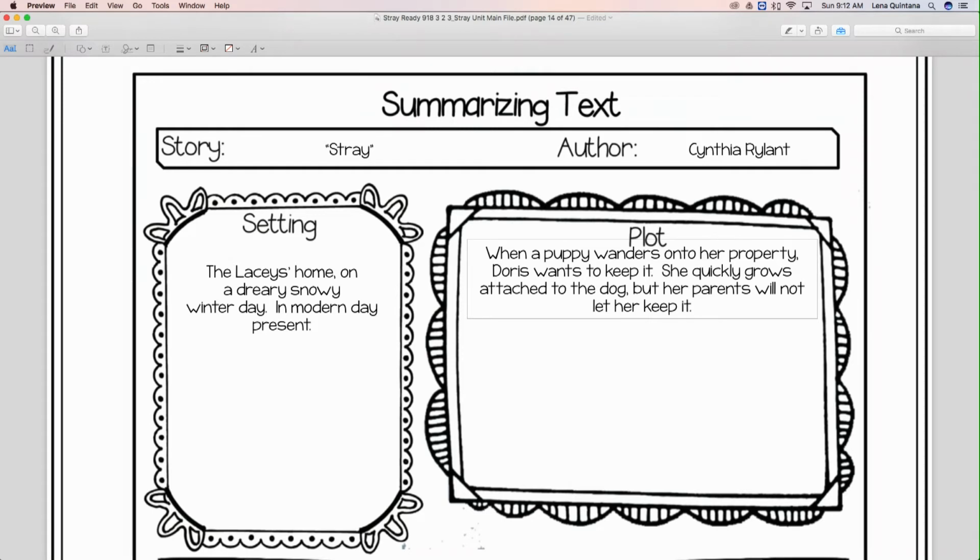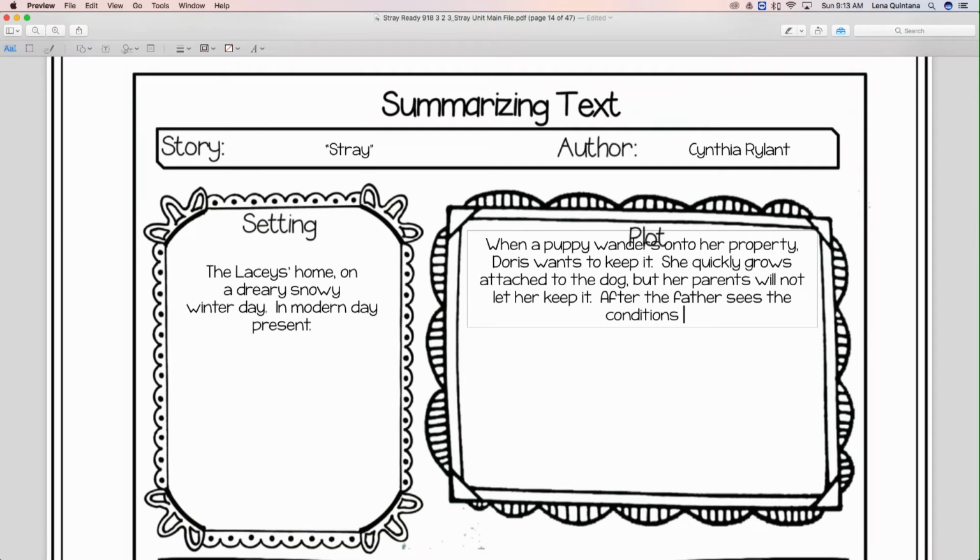We have one more long sentence to write about plot. Okay, after her father sees the conditions, this is where the story starts to turn around. After the father sees the conditions of the pound, what does he do?